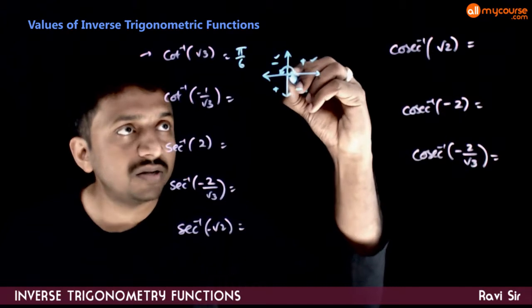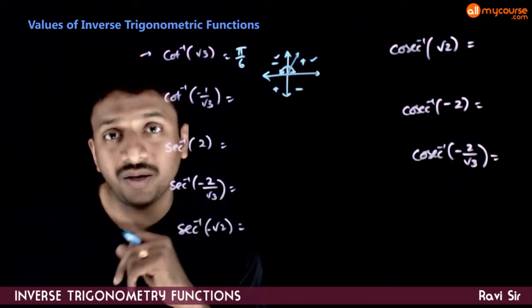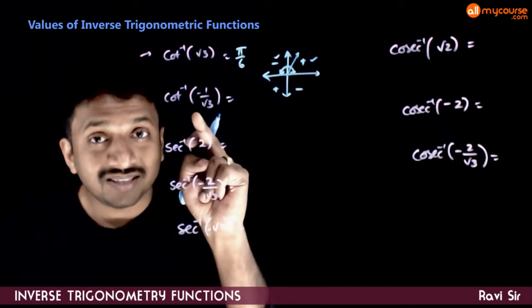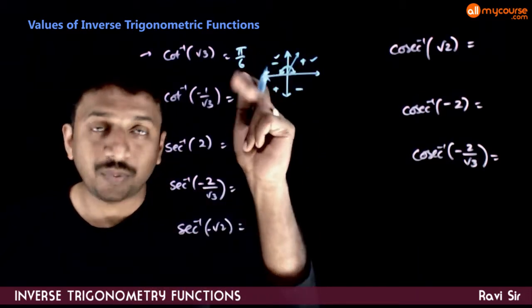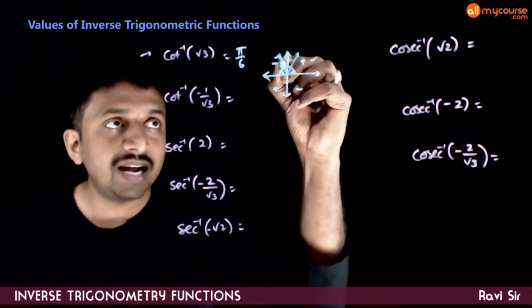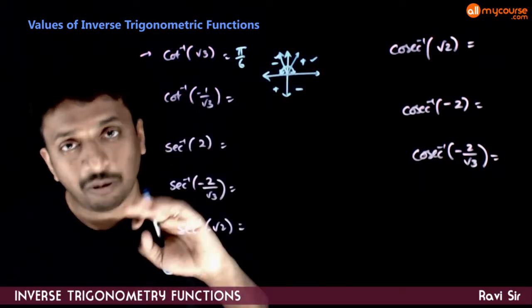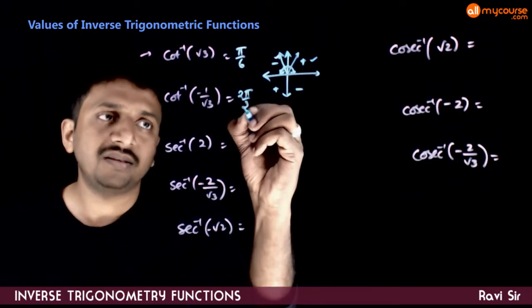That means corresponding to 60 degrees, the value of cot is plus 1 by root 3. So if you want cot theta equal to minus 1 by root 3, it happens in the allied position. What is the allied position of pi by 3 in the second quadrant? Pi minus pi by 3 is 2 pi by 3.